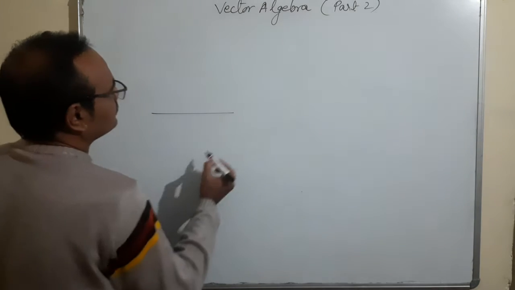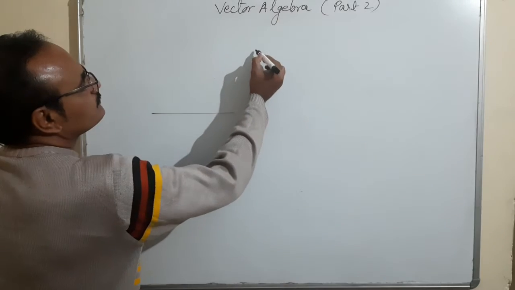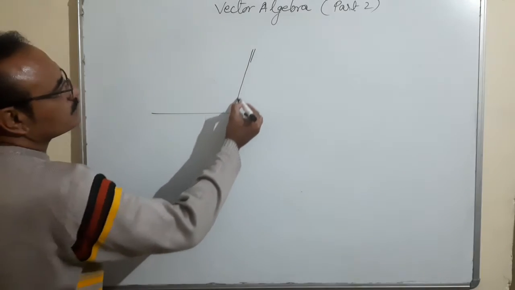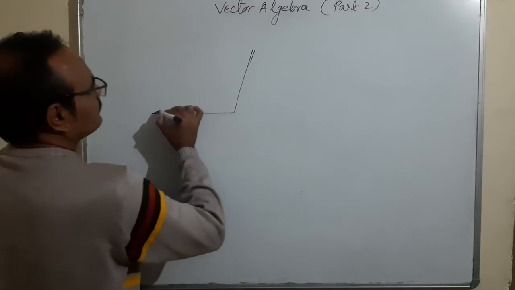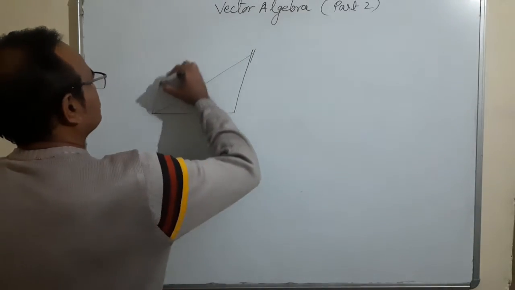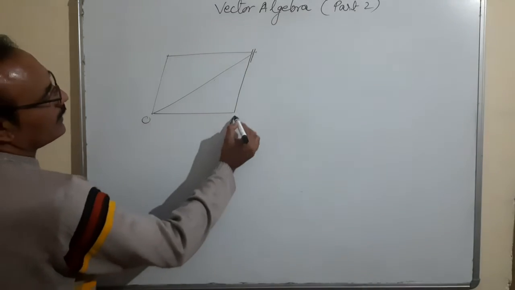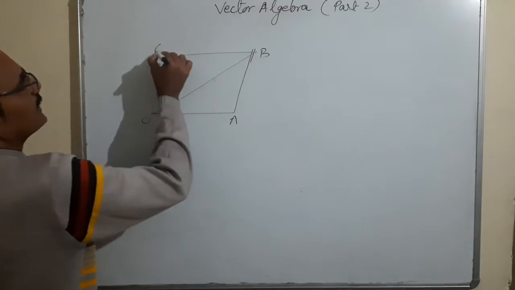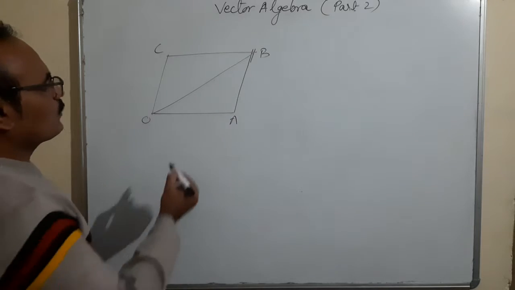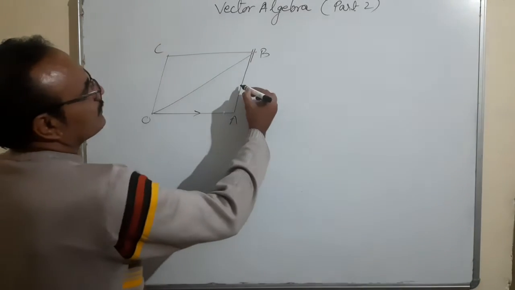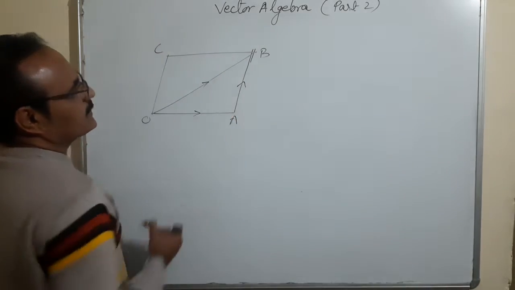Suppose there's a parallelogram O, A, B and C, with vectors OA, AB and AC.